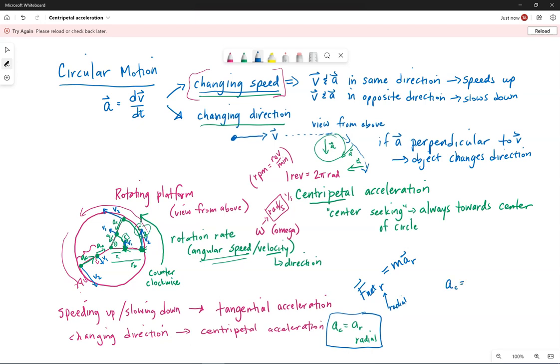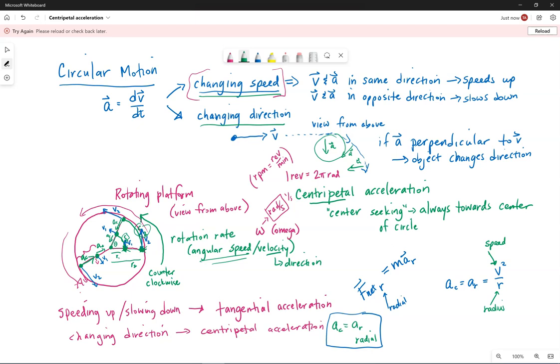For now, our equation for the centripetal acceleration, we can write this centripetal acceleration or radial direction two ways. We can write it in terms of the speed at which the object is traveling, so v squared over r. v being the speed of the object at the moment we're talking about, r being the radius, so how far from the center of the circle the object is.